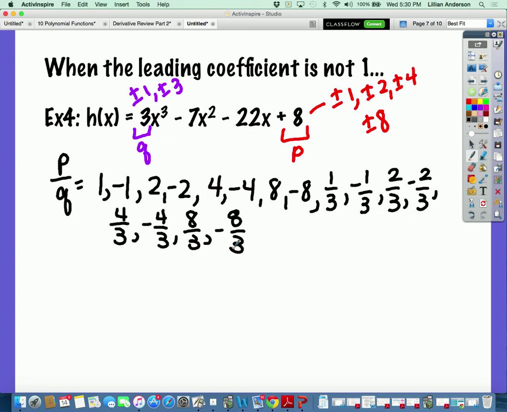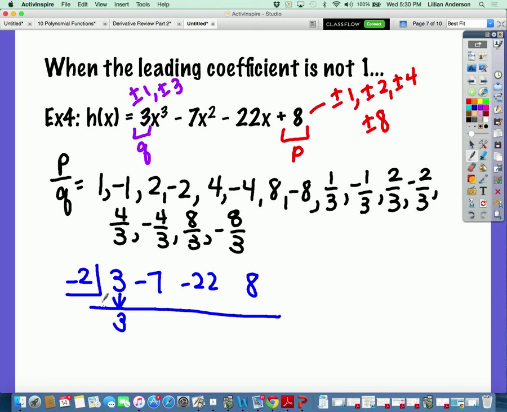Okay? So if I go through the process, I'll come to find out that negative 2 is one that works. So I have negative 6, that's a negative 13, that's a positive 26, positive 4, that's a negative 8, with the remainder 0.